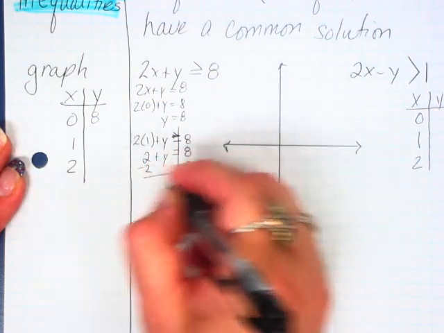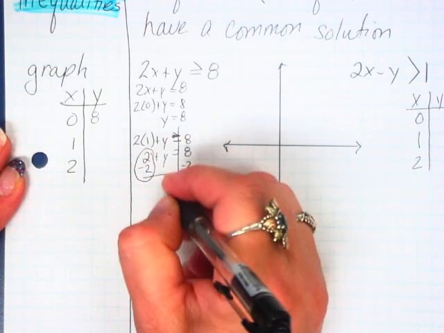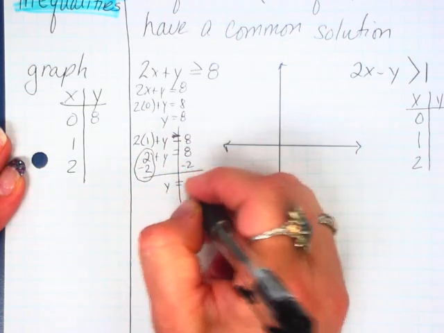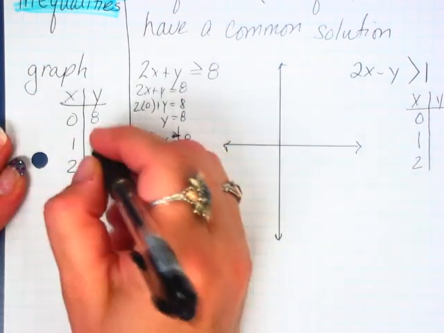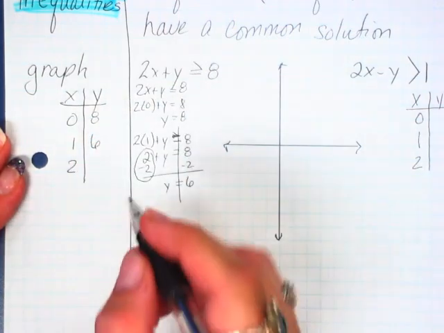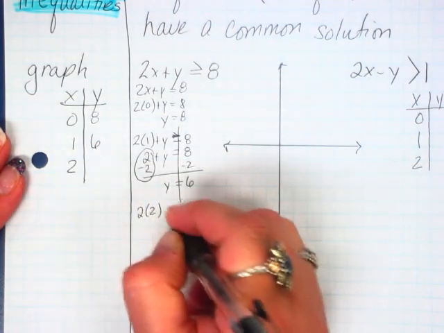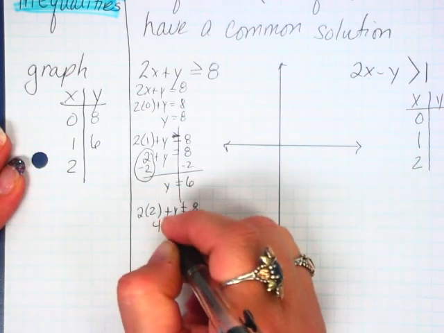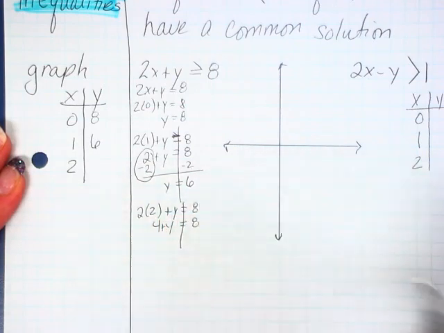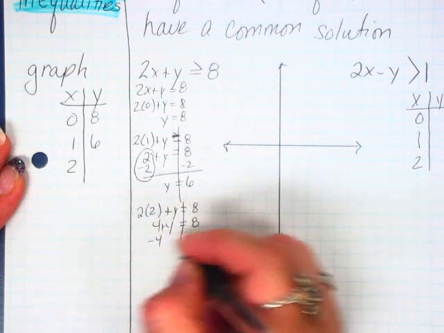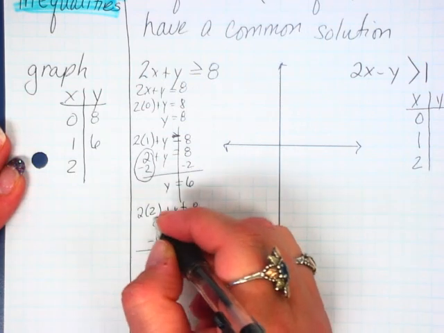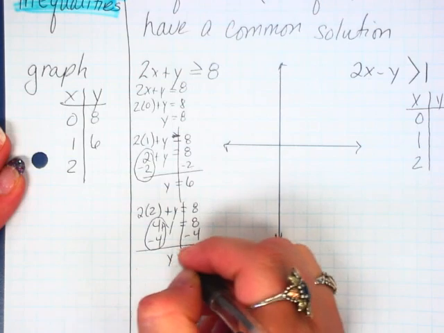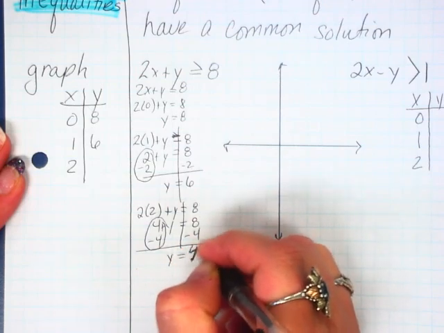Subtract that 2 from both sides. 8 minus 2 is 6. The last one we're going to do is 2 times 2 plus y equals 8. 4 plus y equals 8. Subtract that 4 from both sides. This gives me y equals 4.